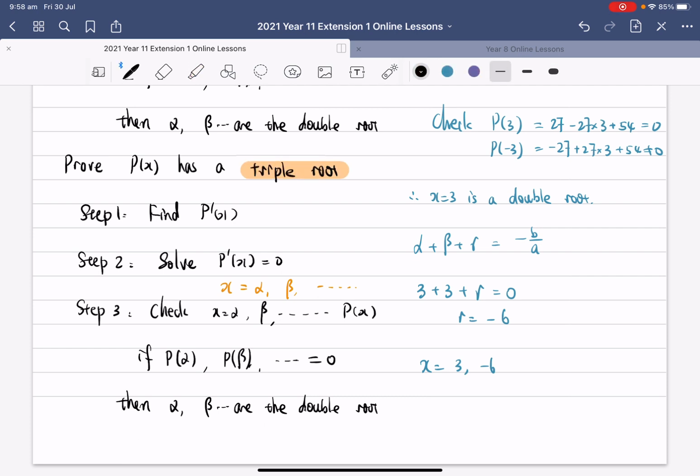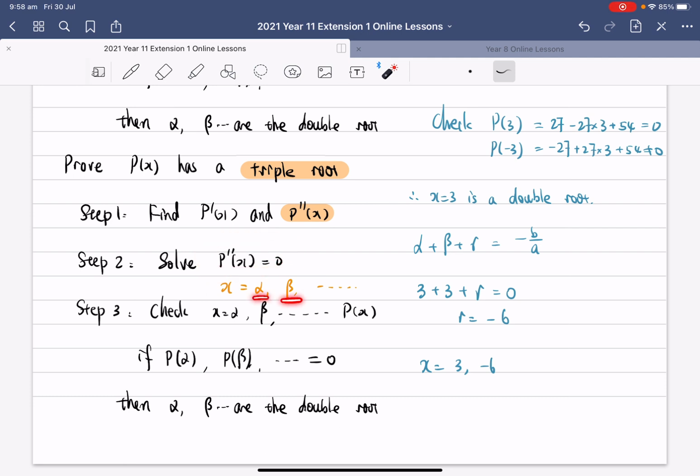If it's a triple root question, the first step is to find p'(x) and also p''(x). Then, instead of solving p'(x) equal to 0, you solve p''(x) equal to 0, the second derivative equal to 0.